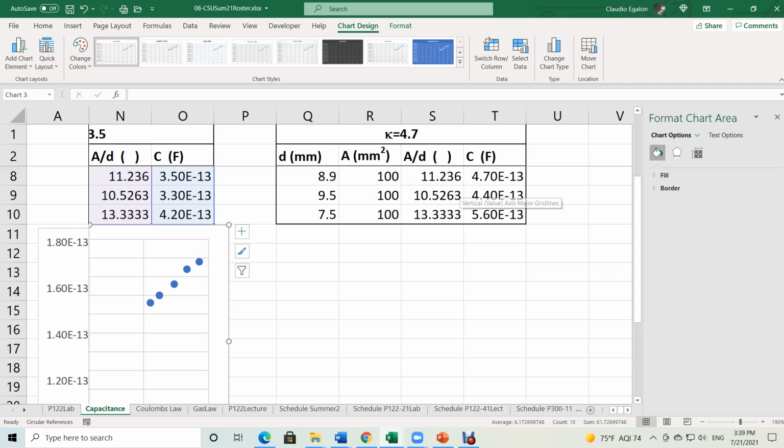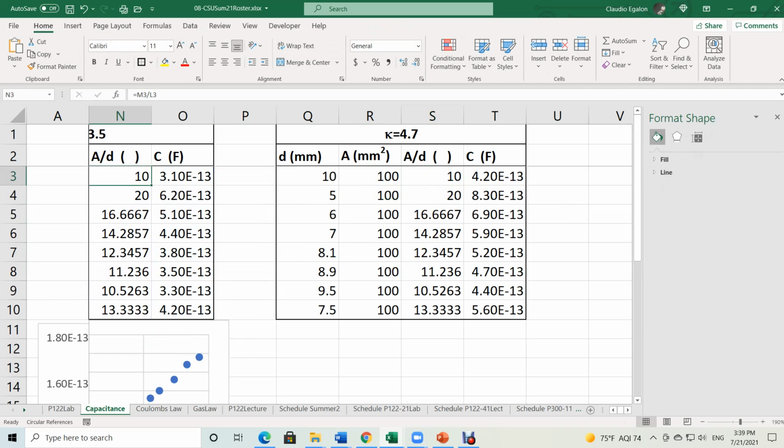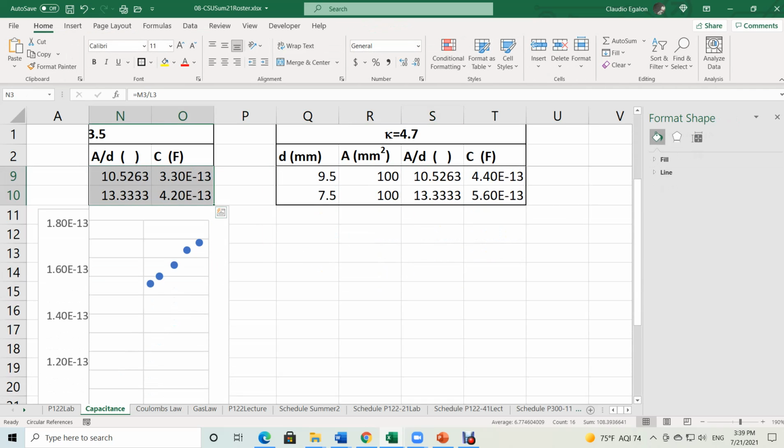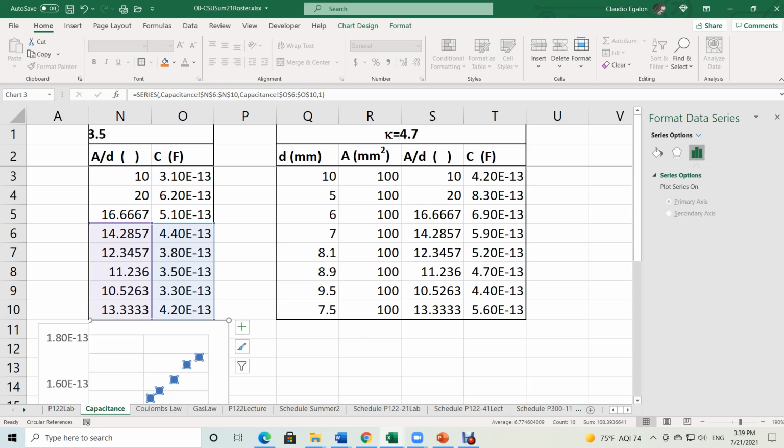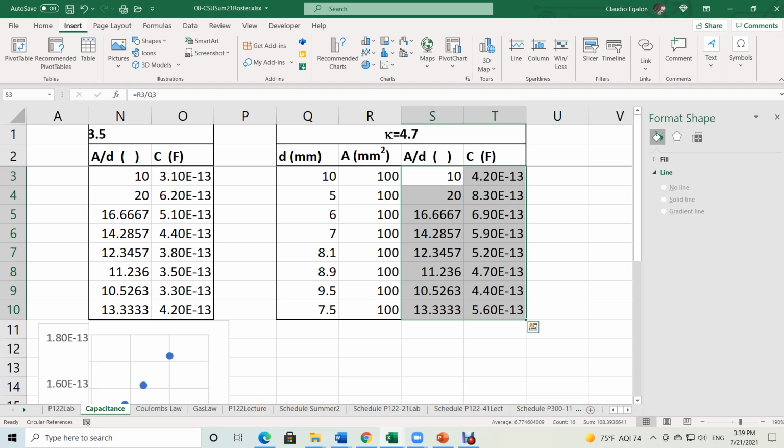The last one. Oh, I didn't plot everything. 1, 2, 3, yeah. Good, we got it. This one as well. Insert.